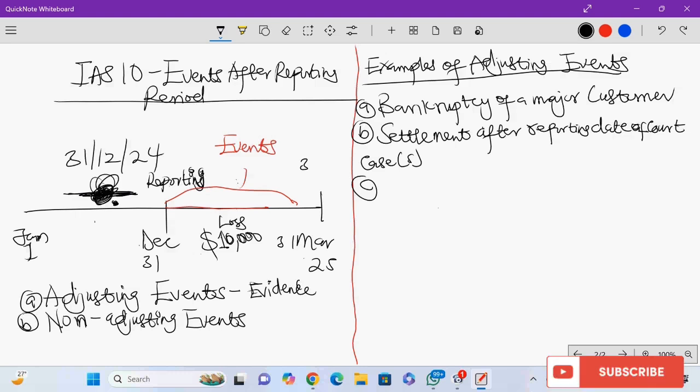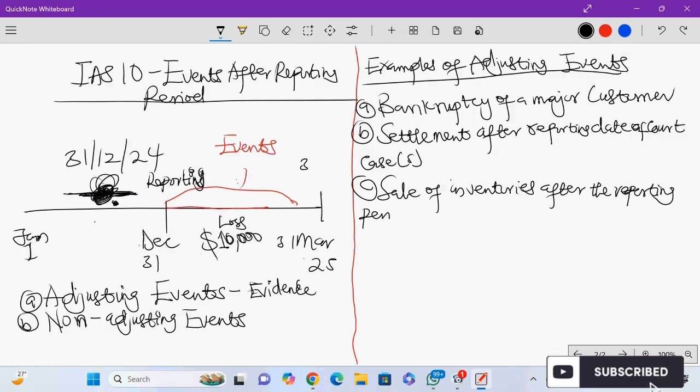The third example that I can give is the sale of inventories after the reporting period for less than its carrying amount.